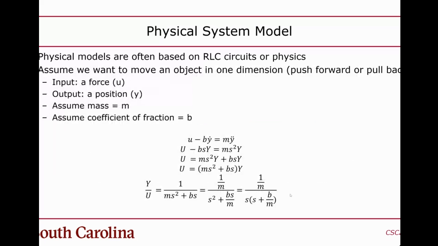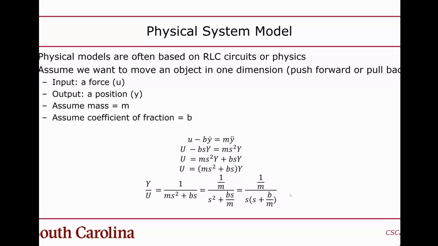Then I talked about a physical system. So this is where we came up with a simple physics problem, which is basically a system where you're applying a force to move an object, and so the input is the force and the output is the position of the object. And so we worked that out.